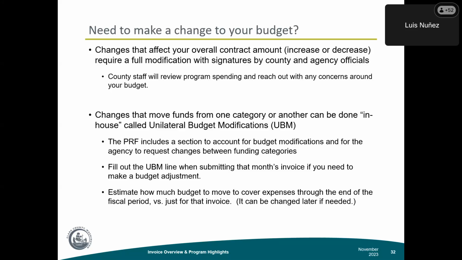It's on the top left. There's a little gray section where you can put a UBM, and then you can move funds from one category to the next. It's important to remember that no funds can be added into the admin section, but in some cases, funds can be taken out of the admin category and into other categories.